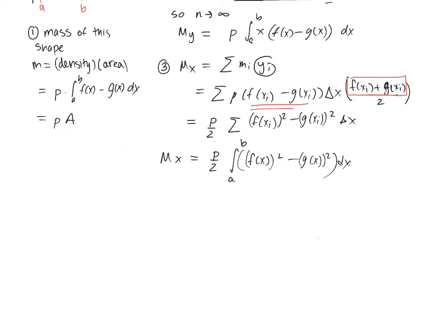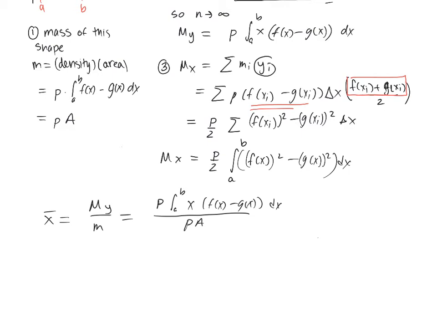And then the last step, which is actually summarized in your paper, but I just want to show you. If you found x bar, which two do you divide? mx or my? My and m. If I take my, which was rho integral a to b x times f of x minus g of x, and divide it by rho times area, look at what happens to those rhos.